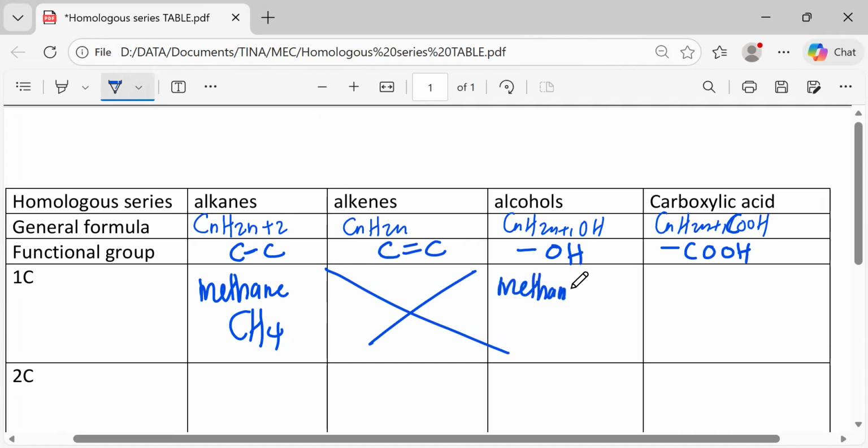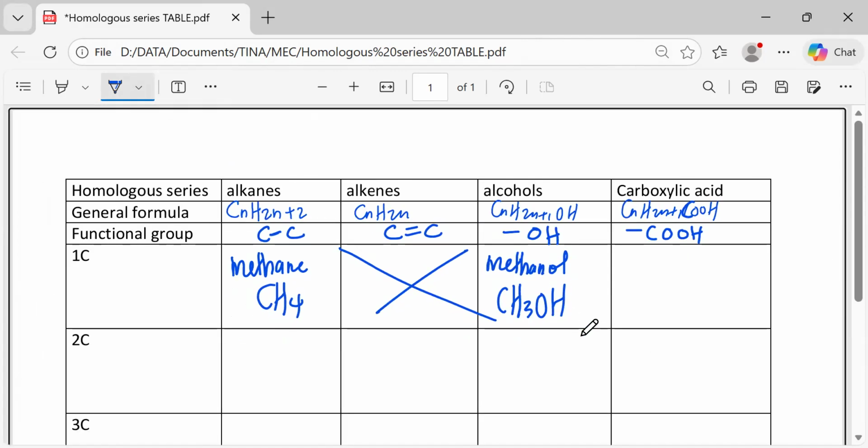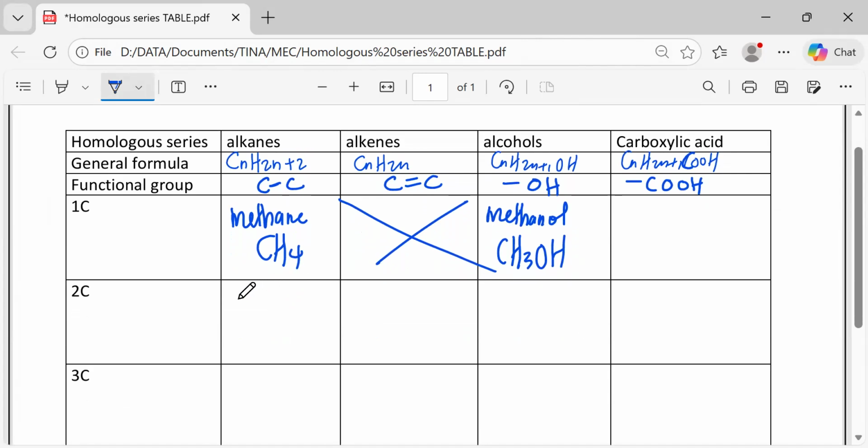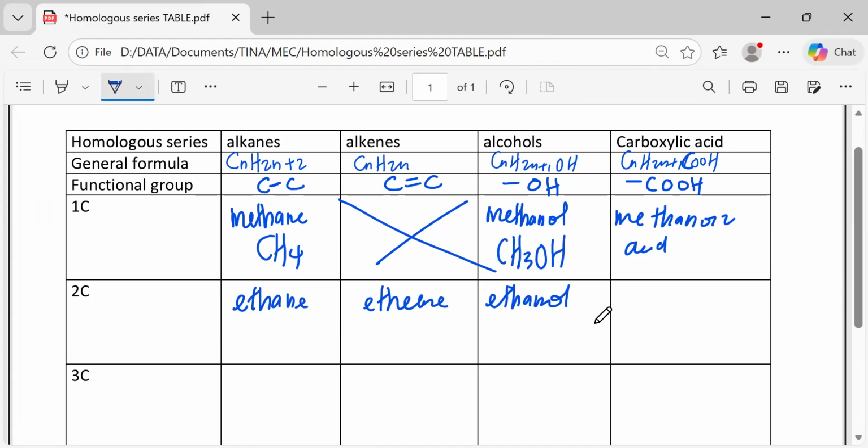Remember: ethane, ethene, ethanol, methanoic. So you already need two carbons. If you have only one carbon, how can you have a carbon to carbon double bond?